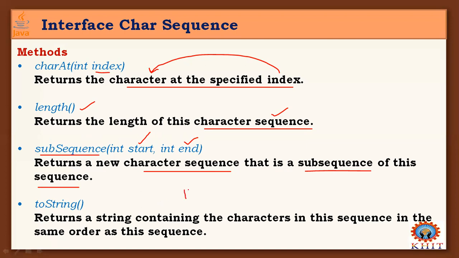For example, when we take hello, we can get a substring like he. He is a substring of this sequence called hello. And toString returns a string containing the characters in this sequence in the same order as this sequence.